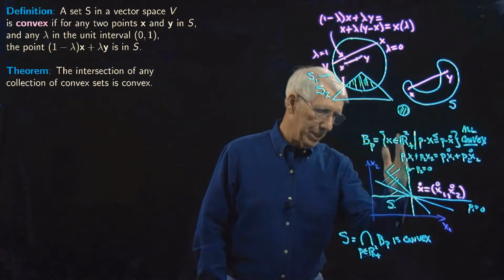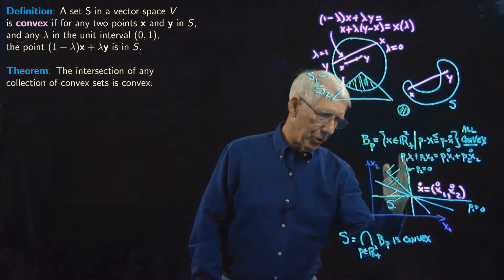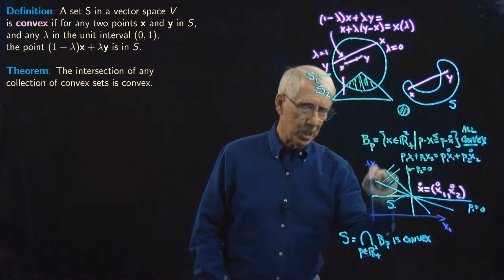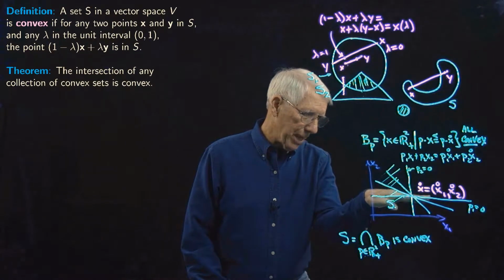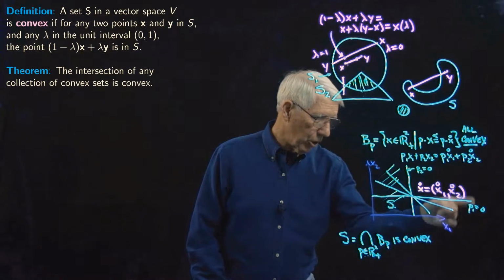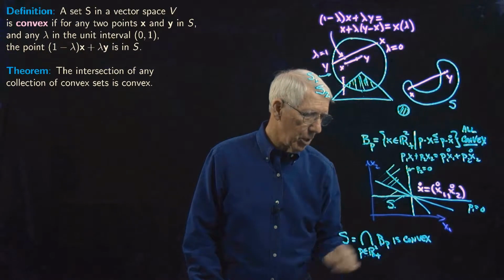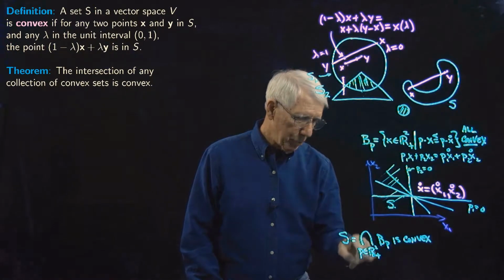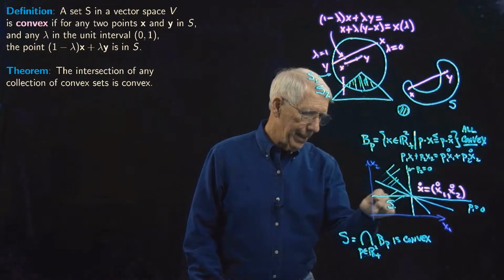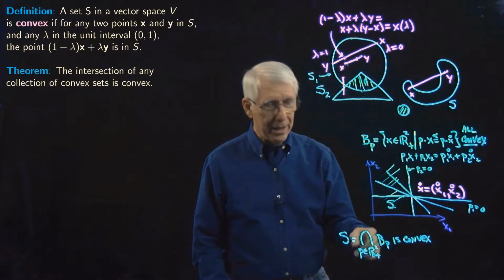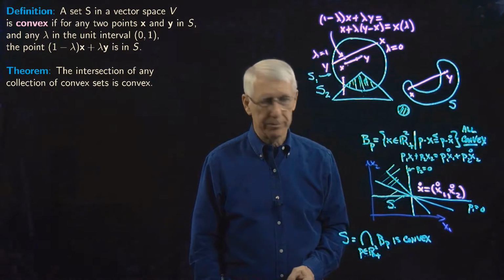All the budget set to the left of the vertical line for these price lists, and the budget set below this line for all the price lists with P1 equals 0. So just two price lists would have generated this rectangular set. I wouldn't have had to take an infinite intersection.